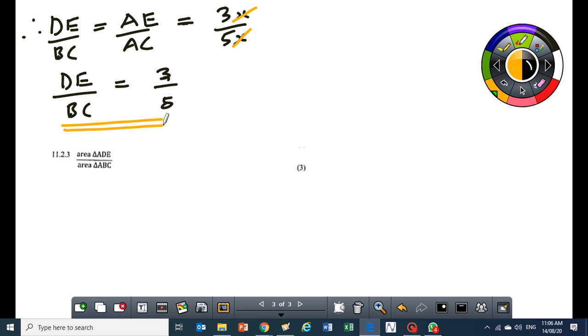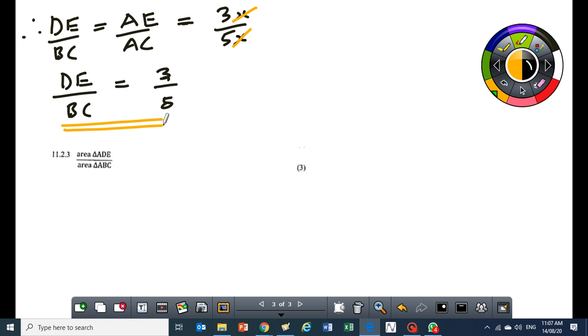It's very important to know that area, as I told you yesterday from your previous grades, is half base times perpendicular height. Now, if we can't use the concepts introduced yesterday with regard to the proportion theorem, then it means we have to use another concept.